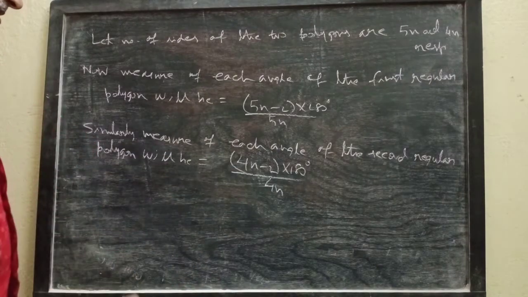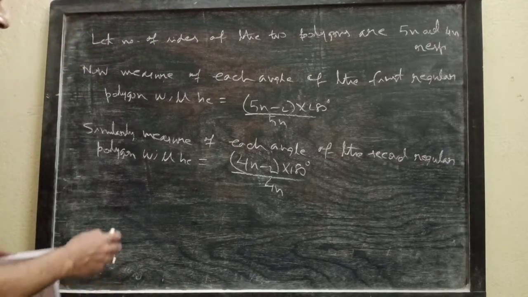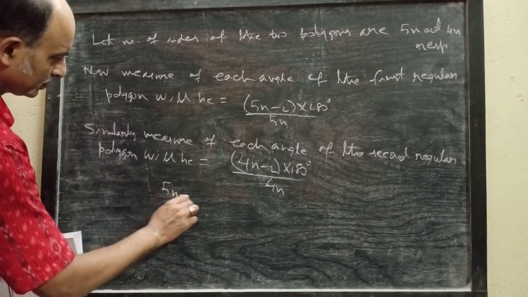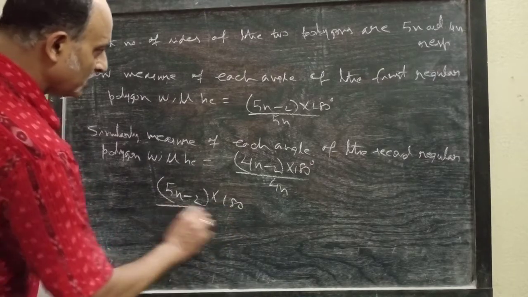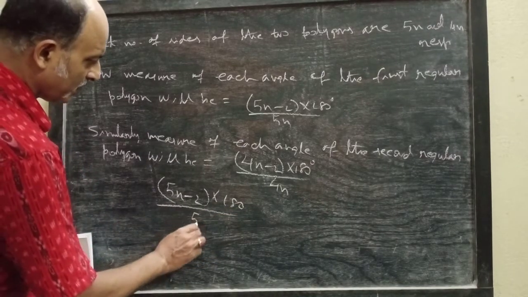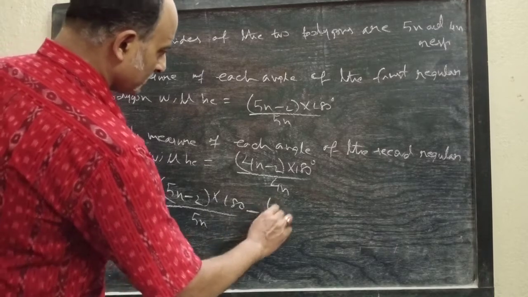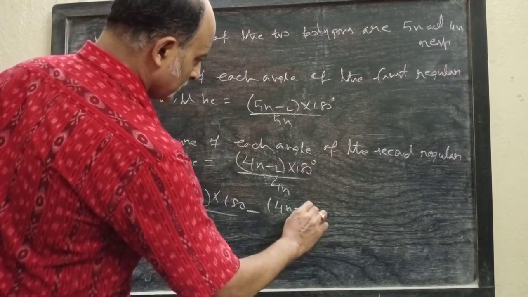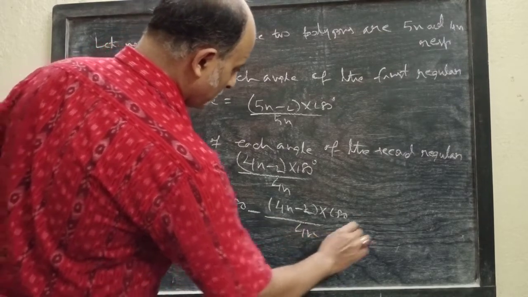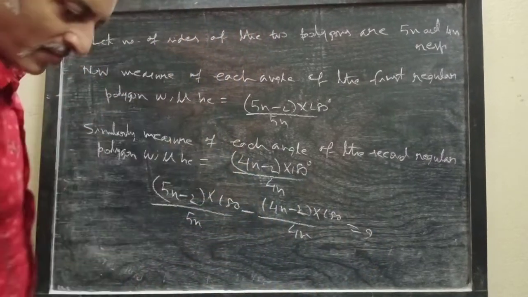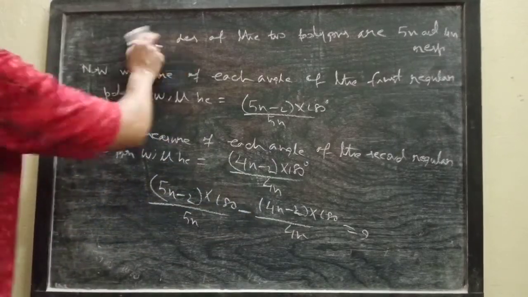So this minus this is 90 degrees. So we have the equation (5n minus 2) into 180 by 5n minus (4n minus 2) into 180 by 4n is equal to 90. Let us solve this equation.